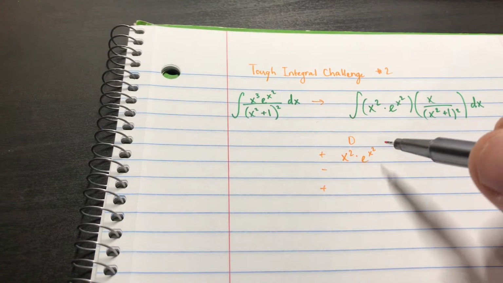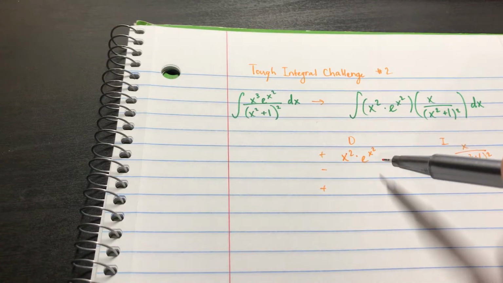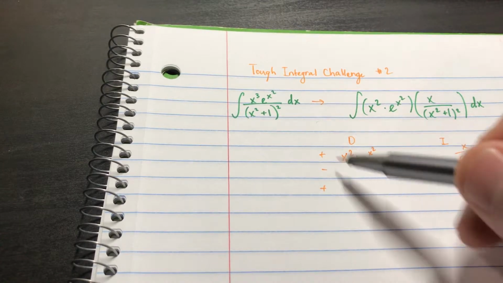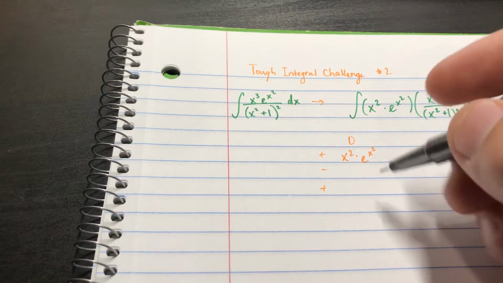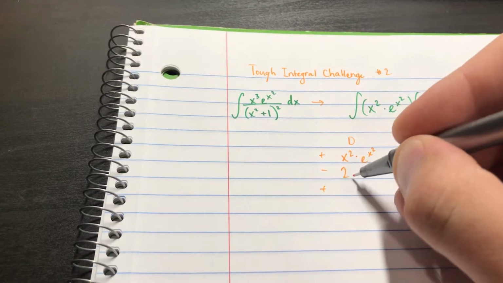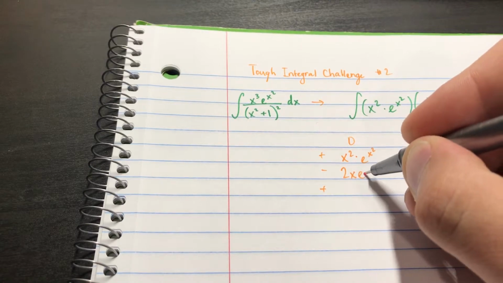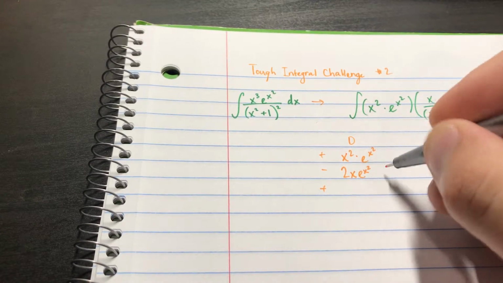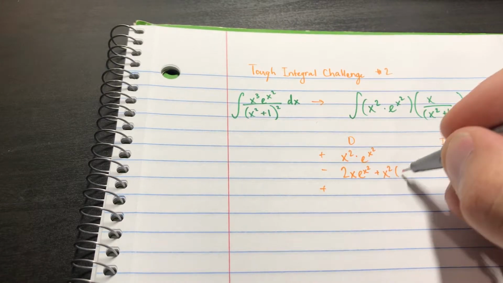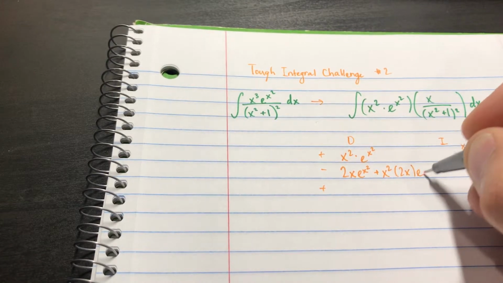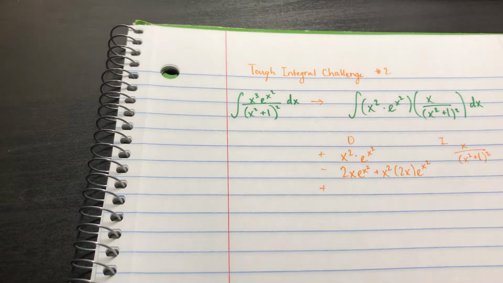Now, you can use the product rule and the chain rule to find the derivative of this function, but what you'll ultimately end up with is 2x times e up to the x squared plus x squared times 2x times e up to the x squared.